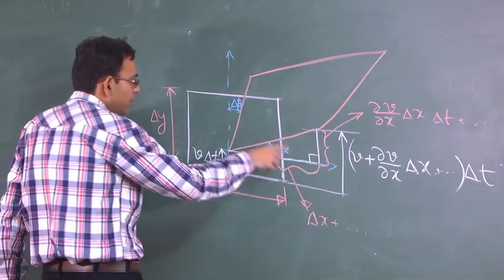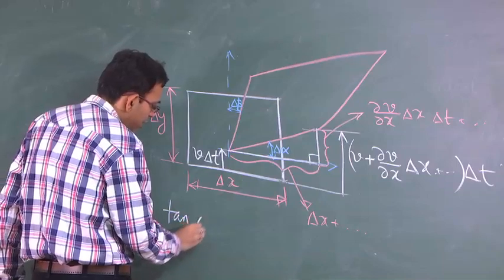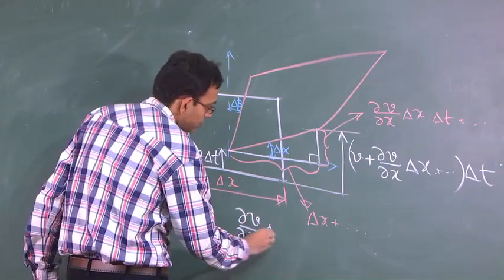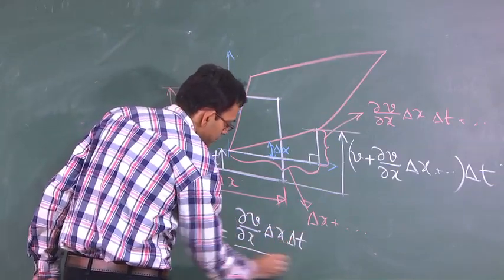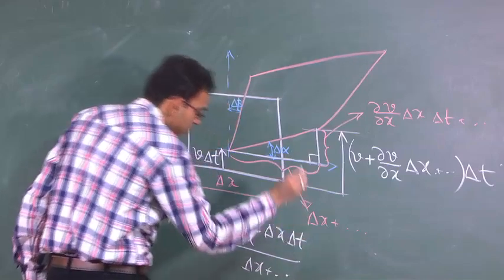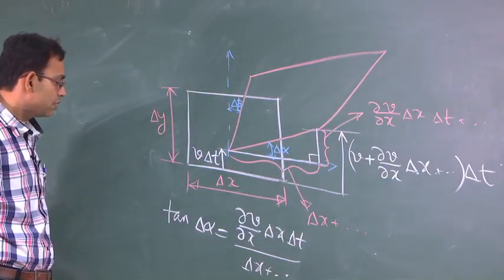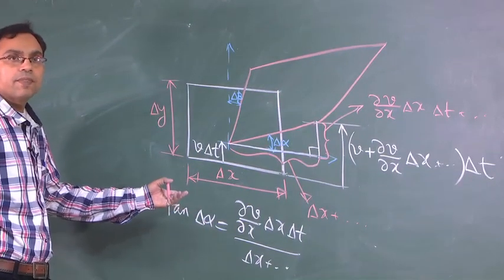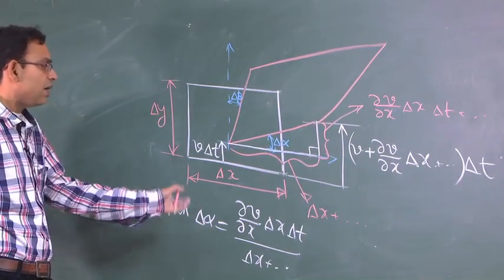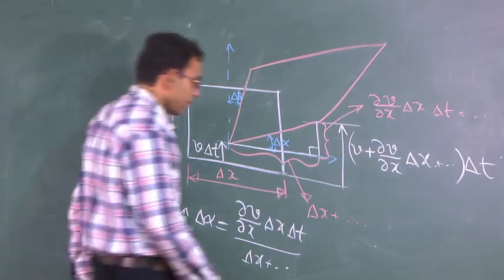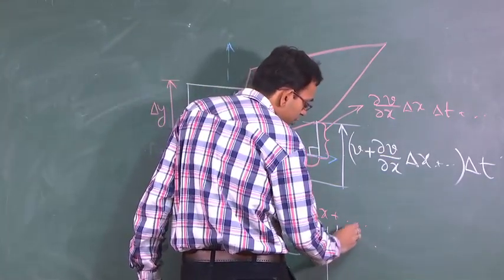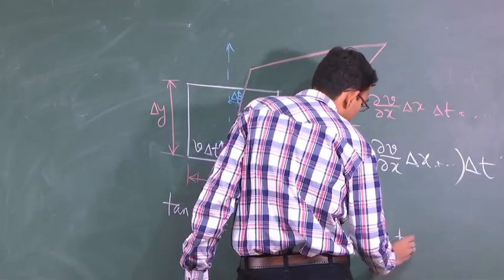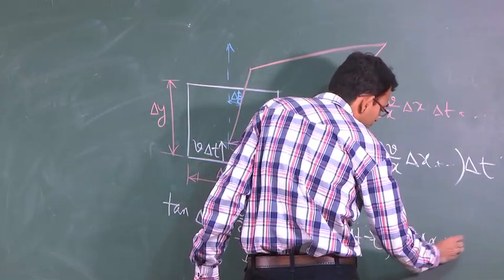So, we can write from this right angle triangle that tan of delta alpha, as delta t tends to 0, delta alpha will also not be large. So, we can say that tan of delta alpha is the same as delta alpha. So, as delta t tends to 0, tan of delta alpha tends to delta alpha.